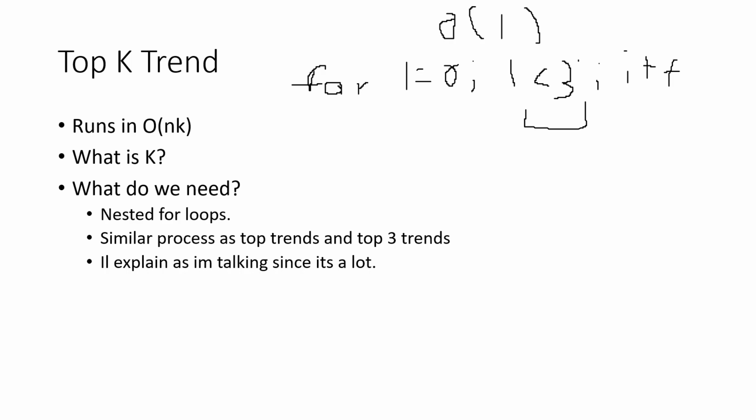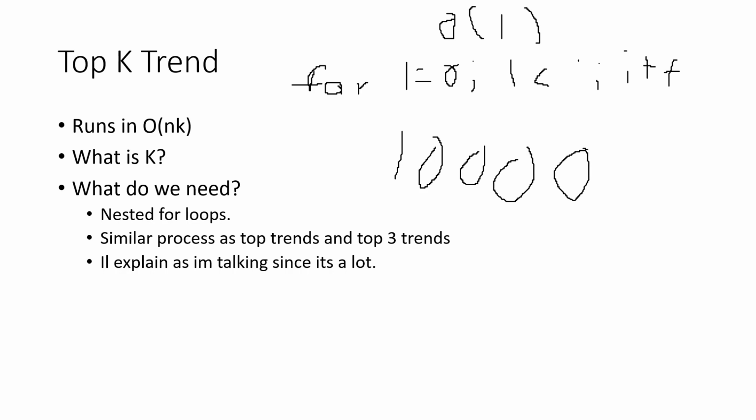It's constant. Now, a key thing I don't want you guys to do, that I've had several students before do, is put 1,000. I've had some students do this, and that's incorrect, because although this is theoretically constant, it takes a long time to compute on my computer, depending on how many elements you have.